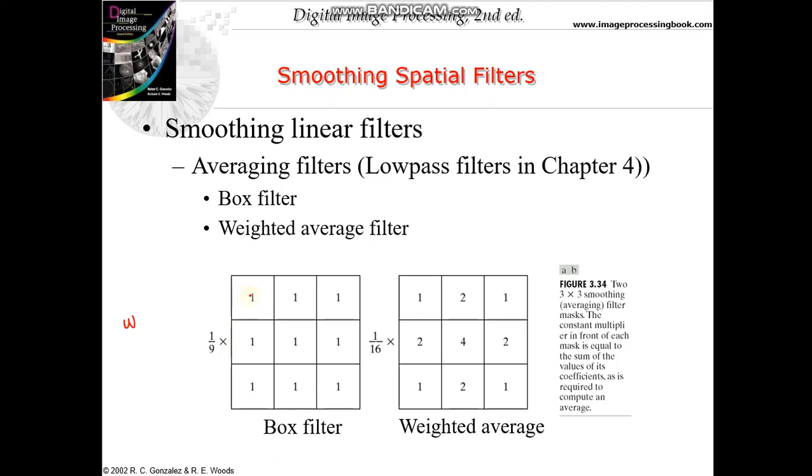If you perform a convolution using this box filter, we will get an average filter. If you want to give more weightage to the four neighbors of xy, we can use a weighted average filter. The result of this gives a smooth filter.